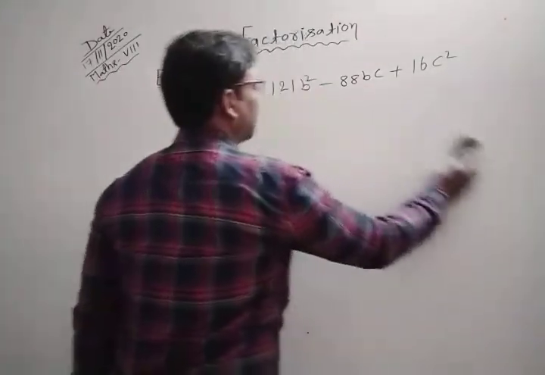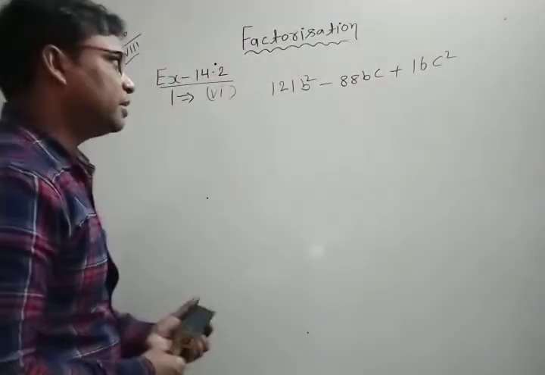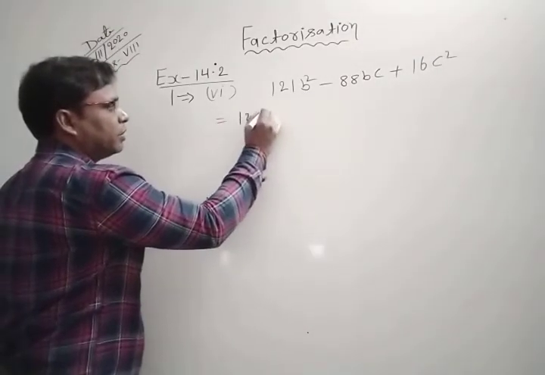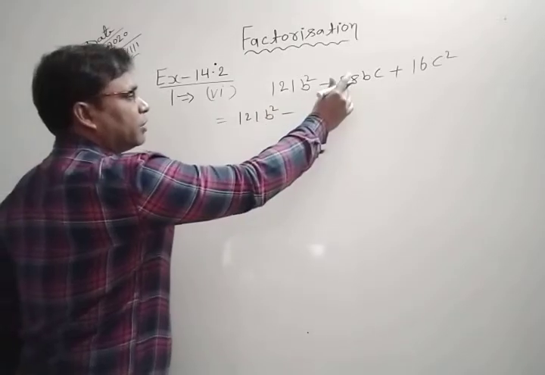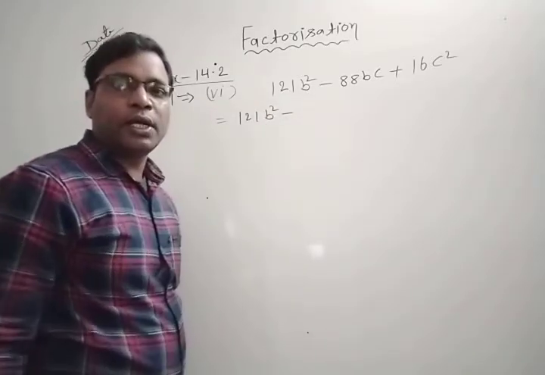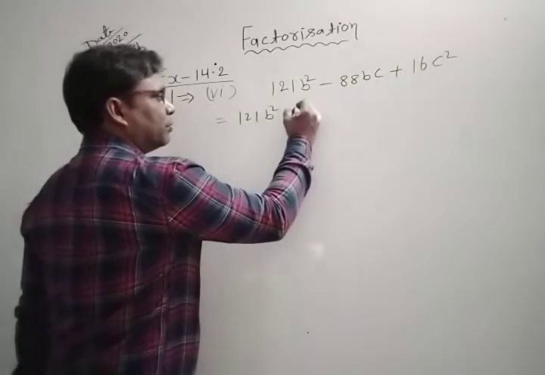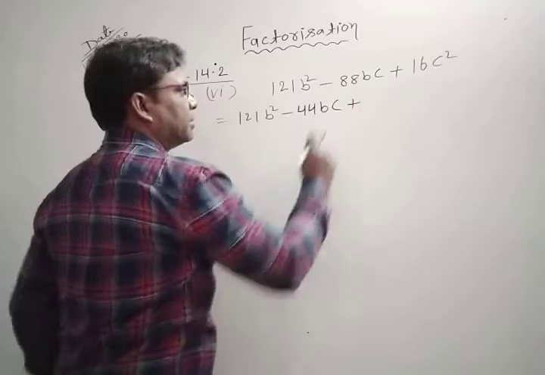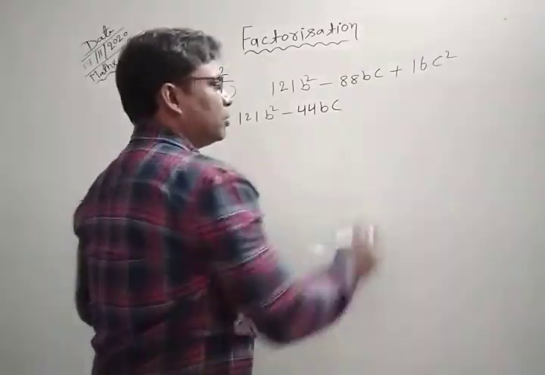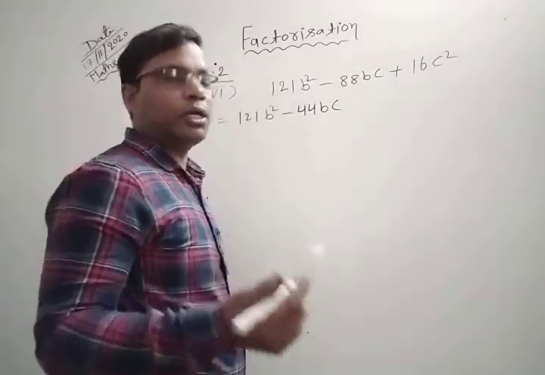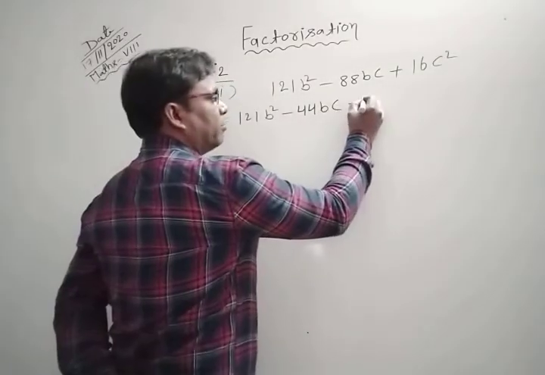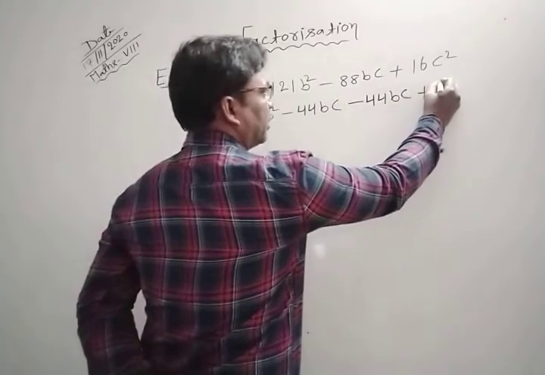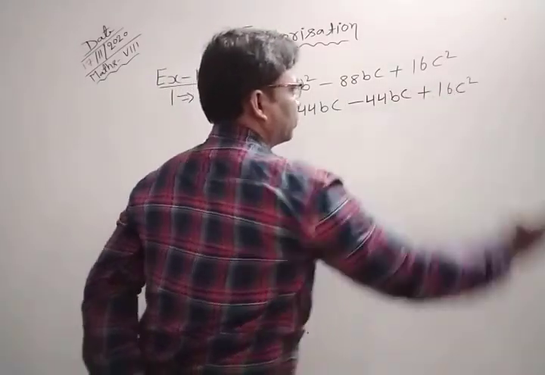We write 121b square as it is, and 88 divided by 2 gives 44. So 44bc minus, again 44bc, because 44 plus 44 becomes 88, plus 16c square.